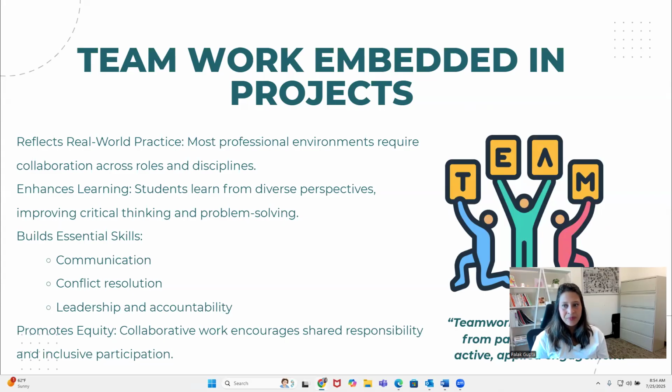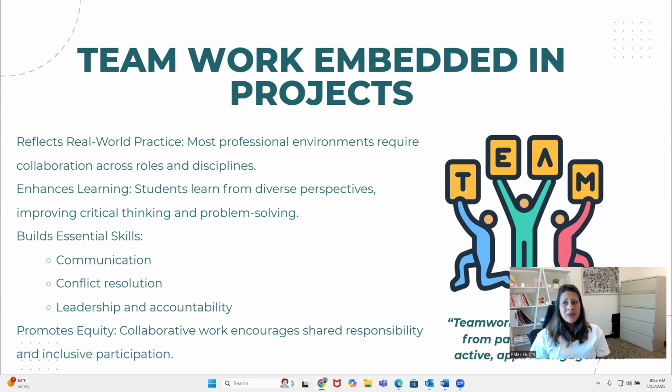In many professional environments, even in our professional environment, collaboration among various roles and disciplines is so crucial. It not only enriches learning by introducing our students to a variety of perspectives, but it also hones their critical thinking and problem solving skills.